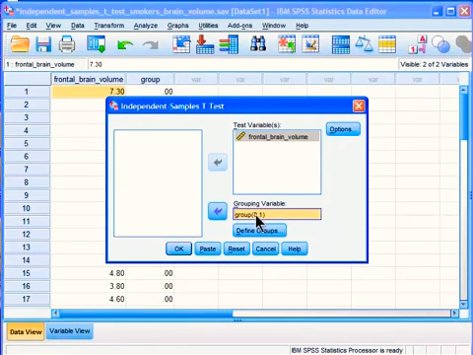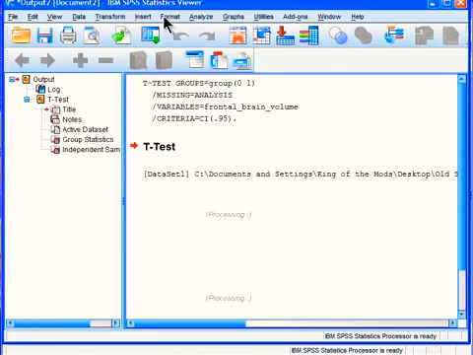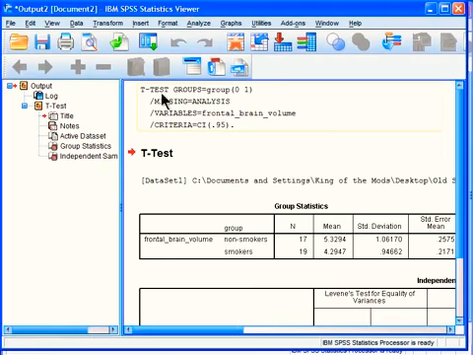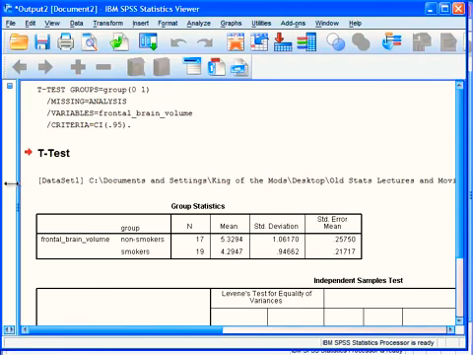I'll note that it wouldn't actually matter whether you have zeros and ones here, whether you used 1 and 2 or 3 and 4 or 10 and 20. Any number would actually be useful in this grouping variable. 0 and 1 is probably what most people use in this case. So click OK. The output is produced by SPSS. I'll just move this to make the output more visible.